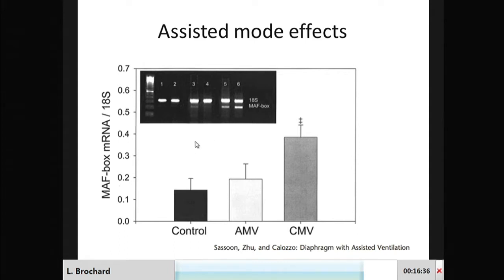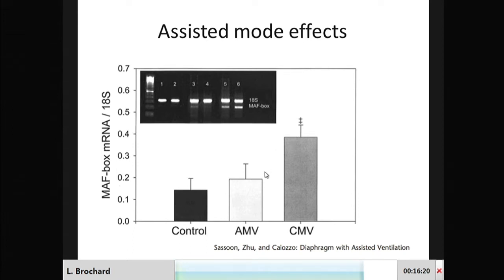For instance, in this study by Catherine Sassoon in rabbits submitted to 48 hours of mechanical ventilation, you see a big difference between control animals and controlled mechanical ventilation.